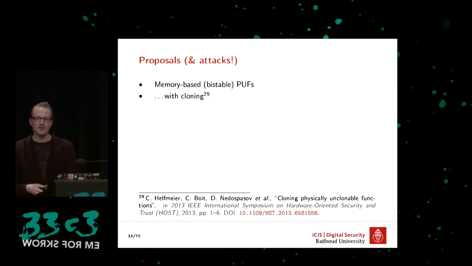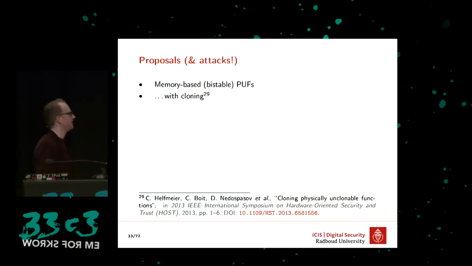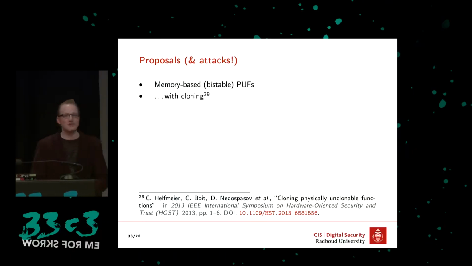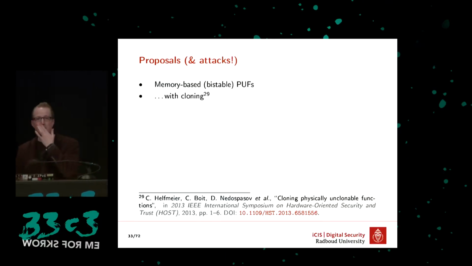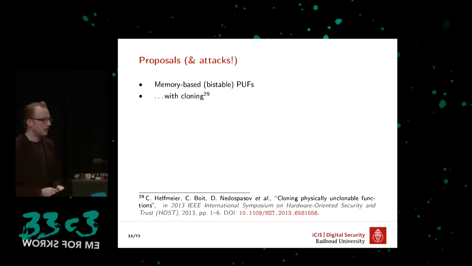However, if you have a SRAM PUF, for instance, you have fairly limited SRAM. So you can just, in principle, read all this out and store all the bits in a database. And then you can clone the PUF because you can use focused ion beams to trim the SRAM of another chip into the correct orientation.